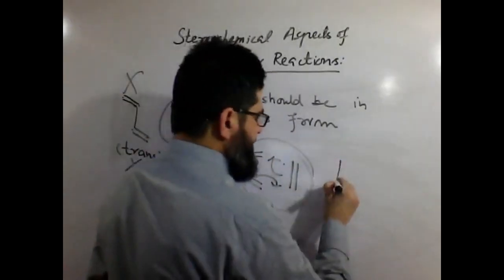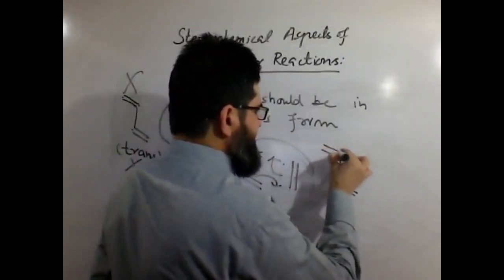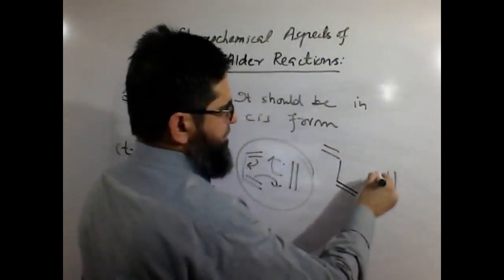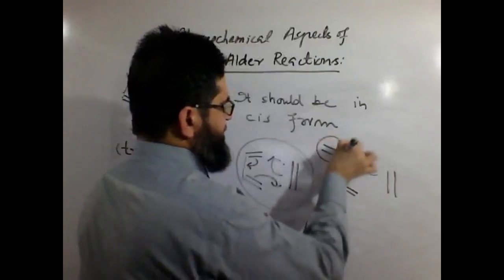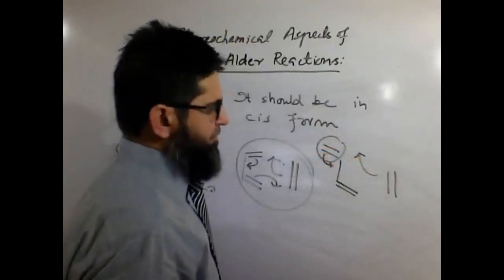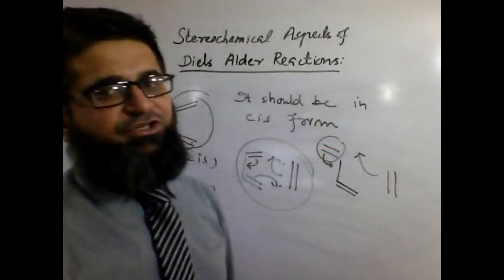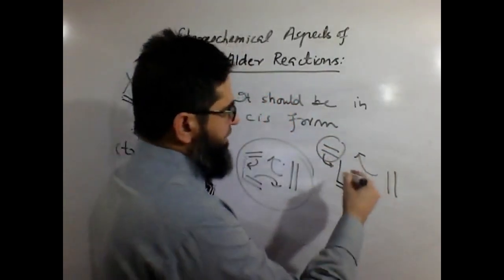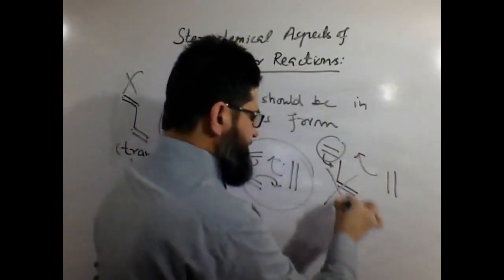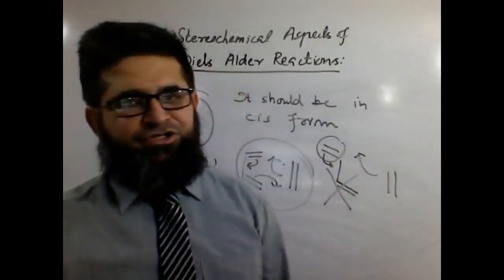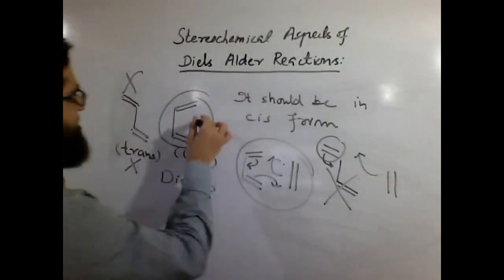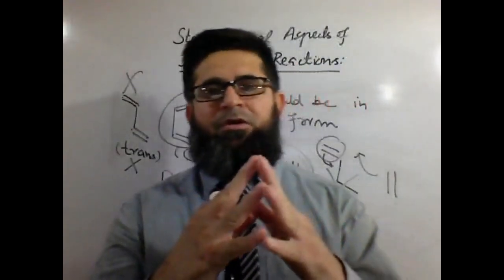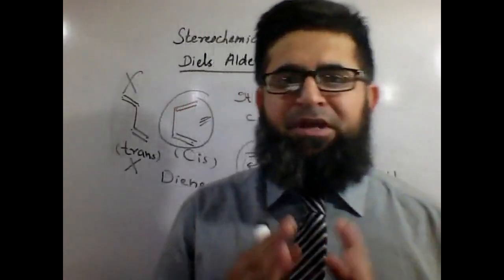If they are present in trans form, then the movement and the rotation of this bond will be difficult. It has to be converted first into cis, then it can undergo the Diels-Alder reaction. So trans dienes never undergo Diels-Alder reactions. Only the cis dienes are the participants in the Diels-Alder reaction.